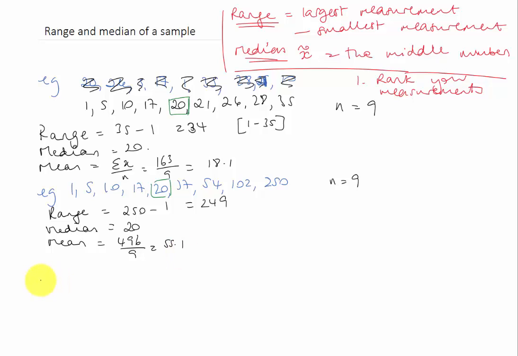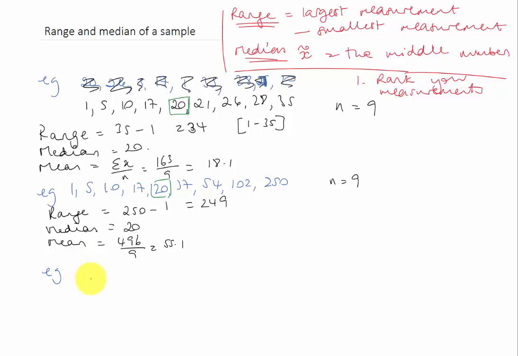Okay, so what do we do if we have an even number of measurements? Both these samples have an odd number of measurements in them, and so it's quite easy to work out how many are above and below. So I'm going to show you how to deal with a sample or a population with an even number of measurements.